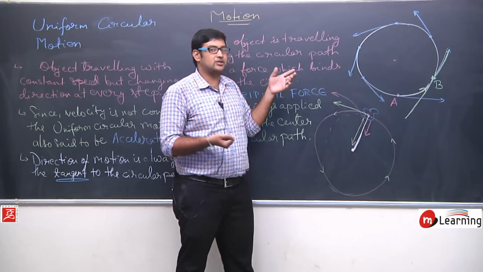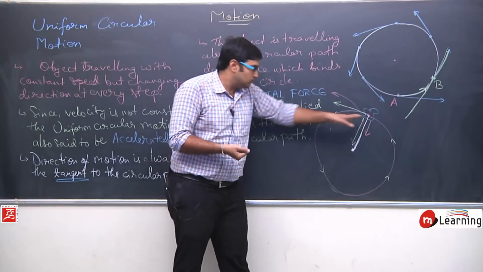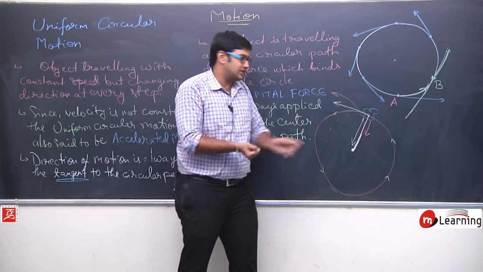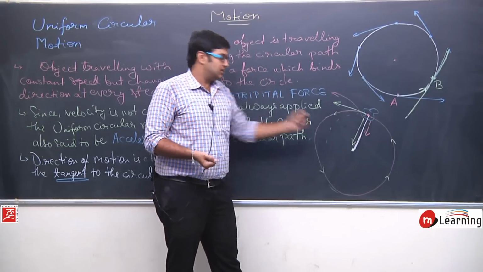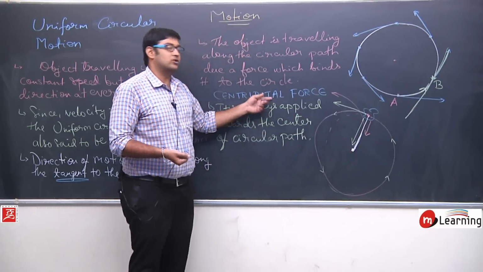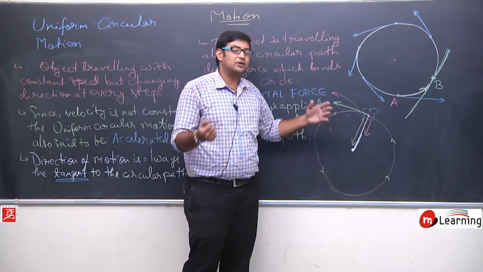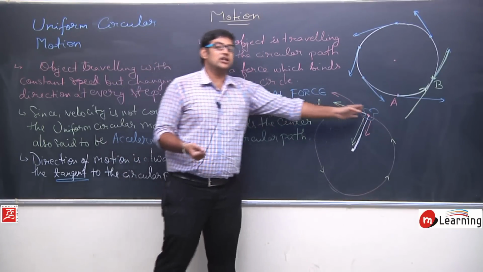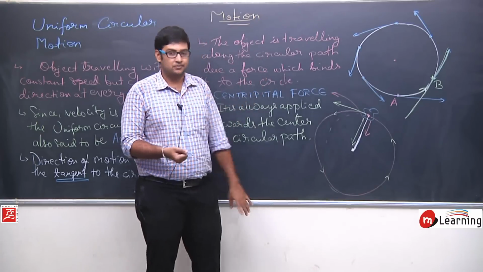You can perform this experiment, but it may cause some issue. So it's better not to perform this. Just try to imagine the situation. The reason is, if you leave this thread, the centripetal force will go away. The thread will not be able to apply the centripetal force. That's why the stone will move tangentially, along the tangent to this circle.